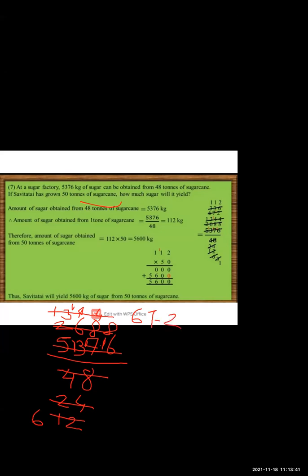Again this will be divisible by 2 only, that is 2 3s are 6, 2 3s are 6, 2 3s are 6, 1 remain, 1 we will give here, 2 6s are 12. Now this will be divisible by 3. 3 1s are 3, 3 1s are 3, 3 1s are 3, 3 2s are 6.